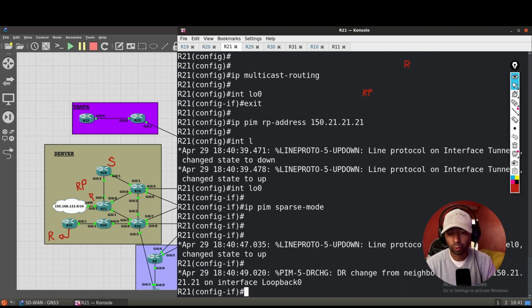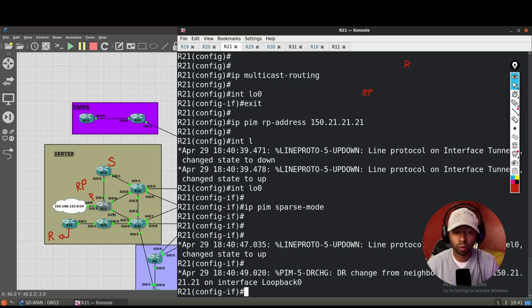On router 21, we enabled IP multicasting. For us to work with multicast, we need to enable multicast routing; there's no other alternative. We configured the router point address, which is itself, and inside the loopback interface we enabled IP PIM sparse mode. What are the other interfaces we are going to work with?